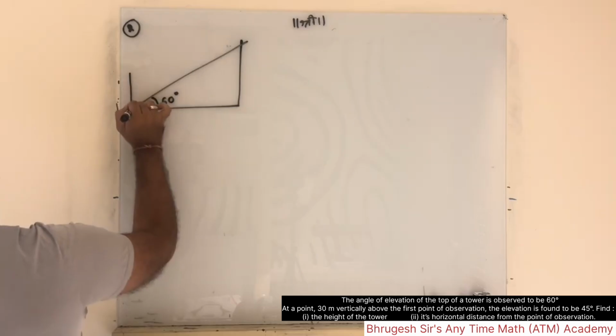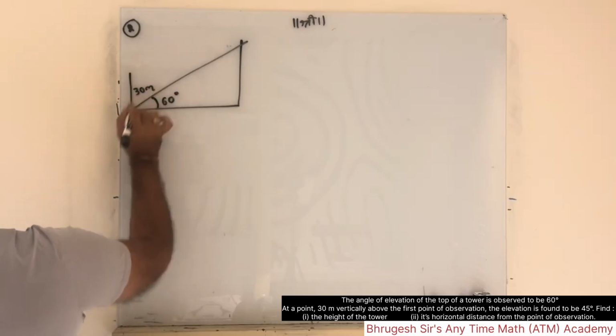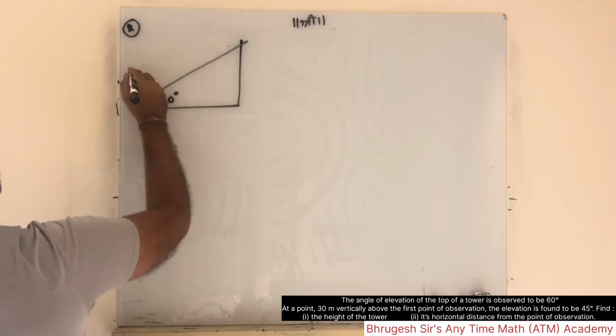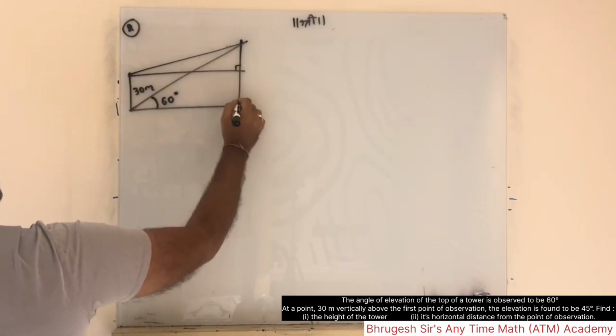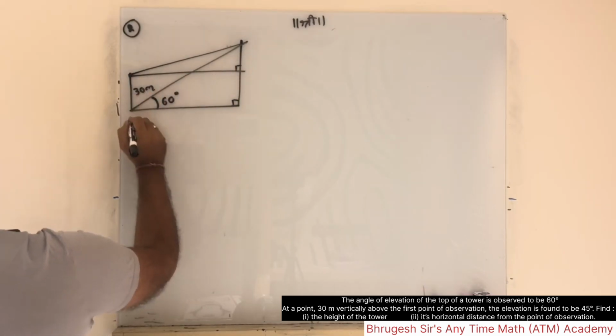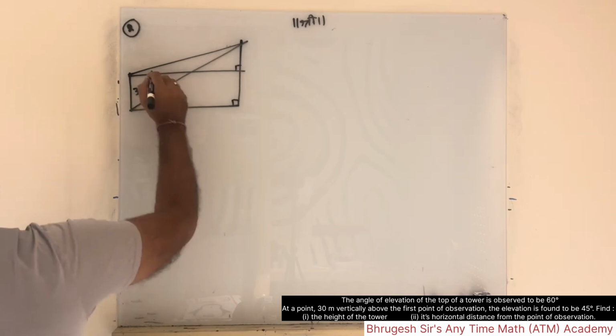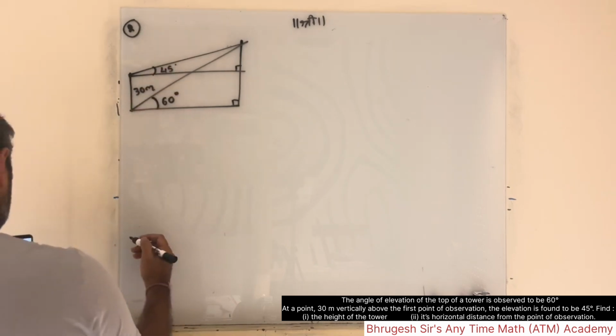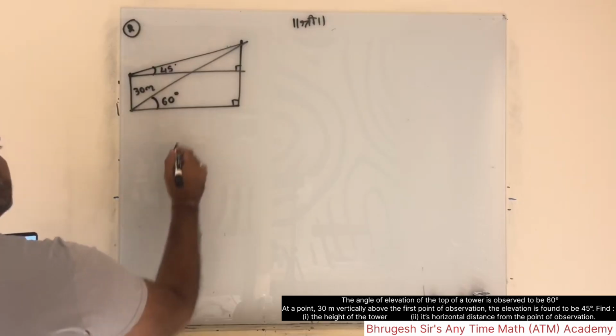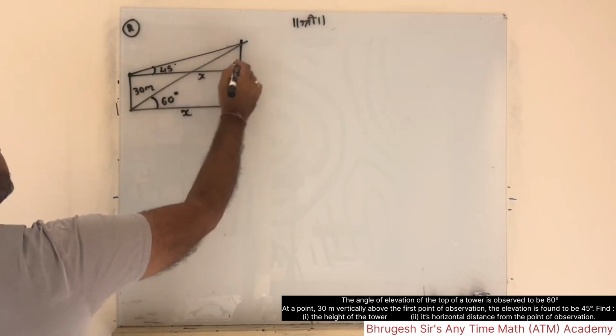At a point 30 meters vertically above the first point of observation, the elevation is found to be 45 degrees. Find the height of the tower and the horizontal distance.